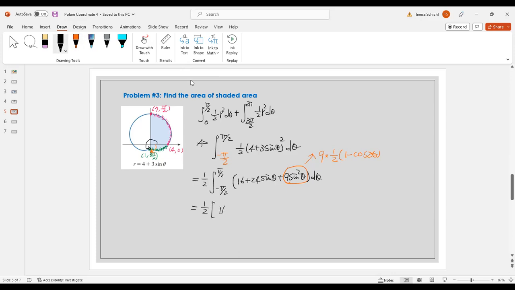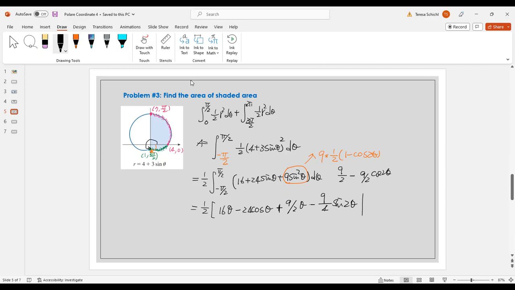This will be 16 theta, minus 24 cosine theta, and these terms will be 9 over 2 theta, minus 9 over 4 sine 2 theta.